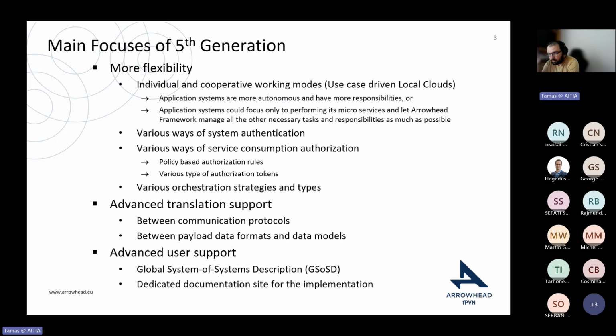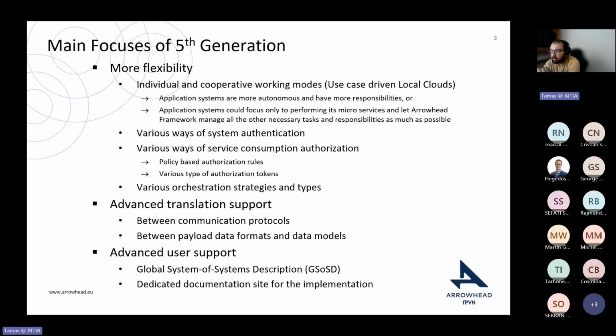So the authentication, authorization, if an authorization token is required by the provider, then it will be generated during the orchestration process, and your consumer should not take care of it. I will detail it later on.